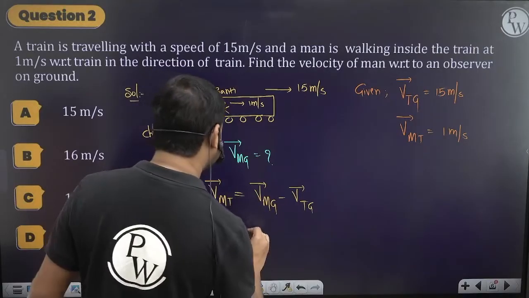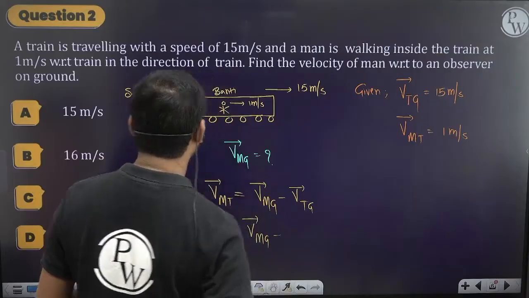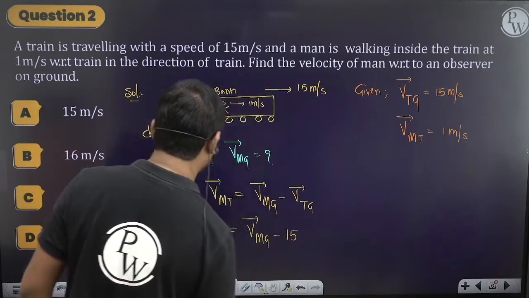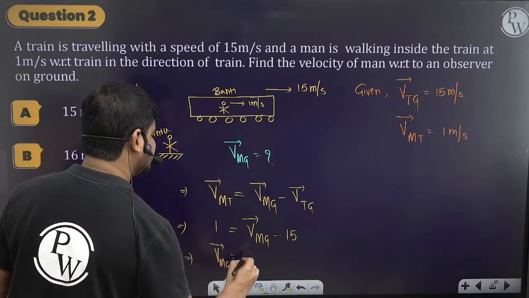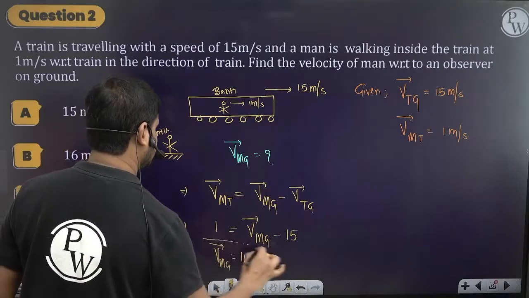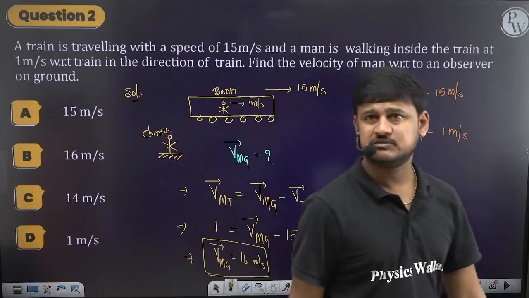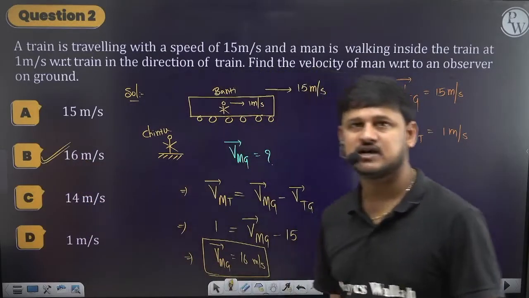Velocity of the man with respect to ground, we have to find. The velocity of the train with respect to ground is 15. So the velocity of the man with respect to ground is going to be 15 plus 1, 16 meter per second. So this is the correct option. Option B is the correct one.